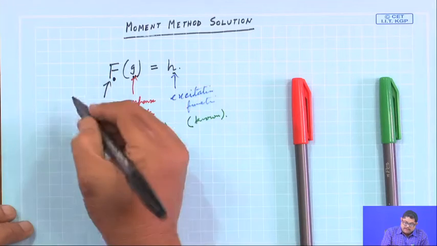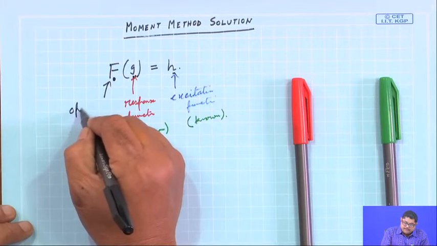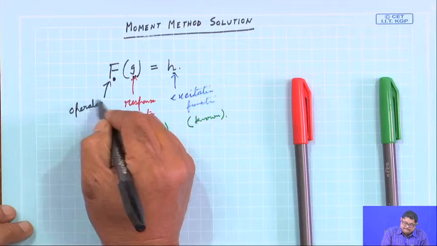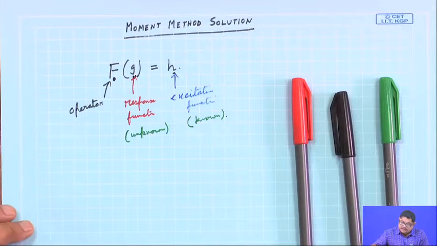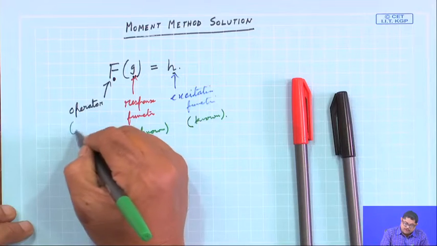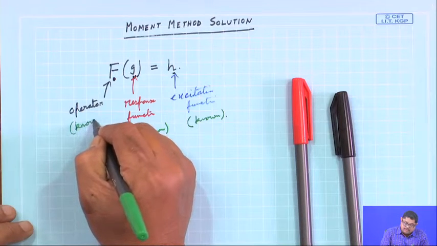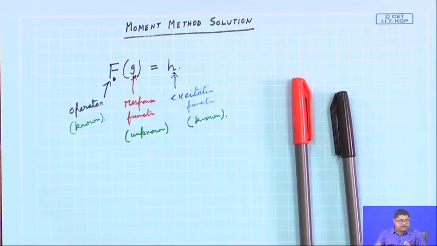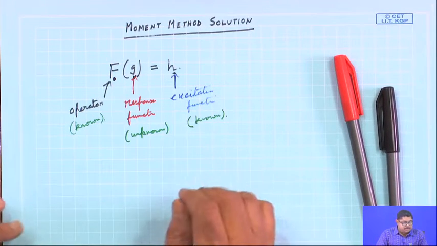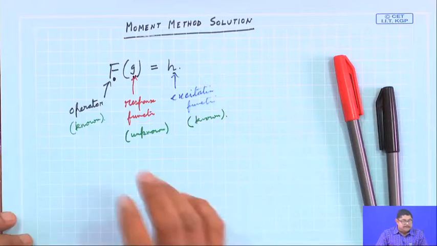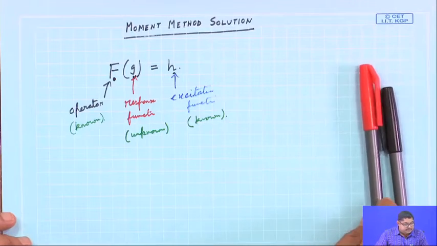This is an operator, and this is known, because what operation exactly we know. The objective here is to determine G once f and h are specified.